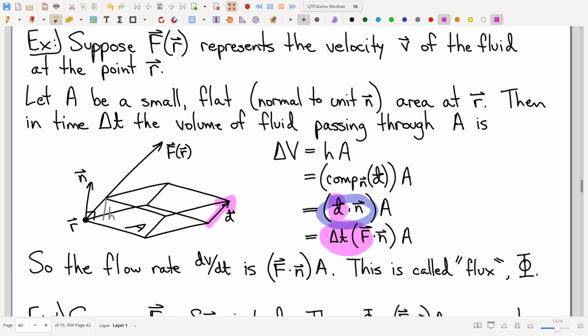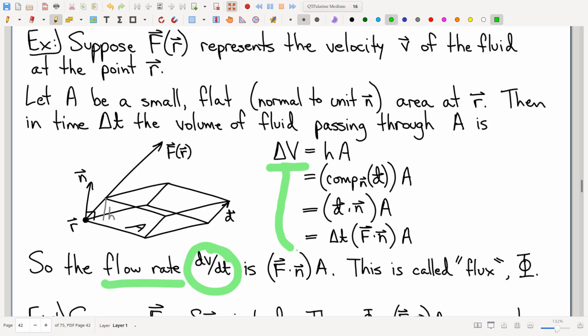And we have a nice punchline, and that is our flow rate that we're interested in, volume per unit time, keeping in mind that the volume is proportional to time. The volume per unit time is this right here.